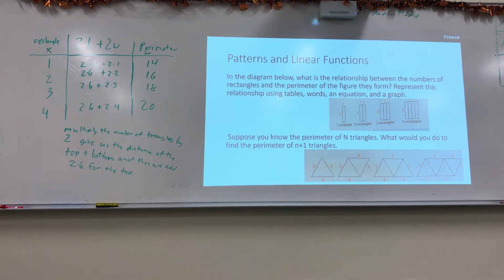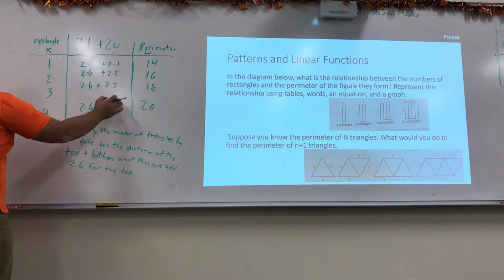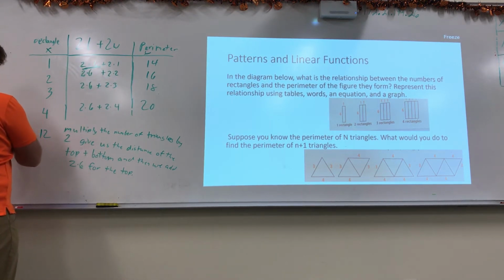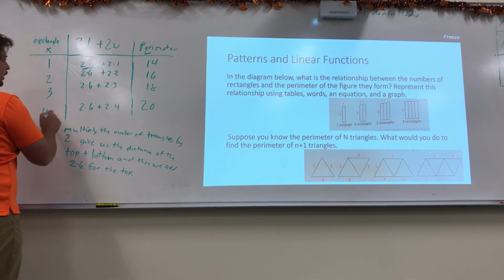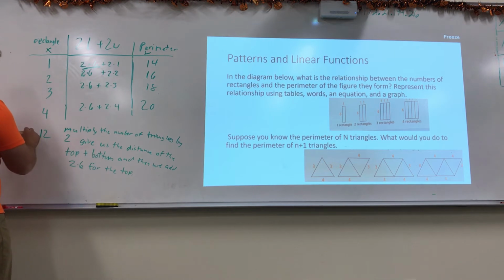Well, realistically, what's happening every time? Well, this happens every time. So I know I have 12. I know I have y equals, okay. My variable here is w, so it'd be like 2w plus 12 every time, right? And then whenever I plug in for w, which is going to be my x value, that is my equation. Okay?